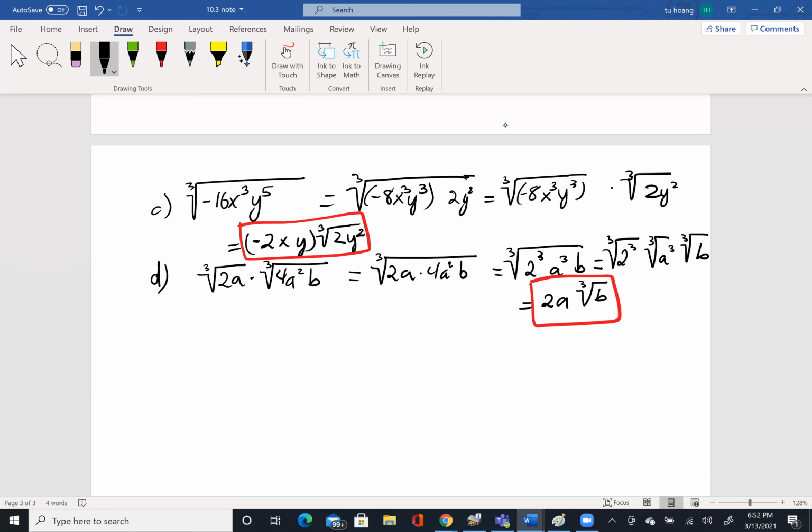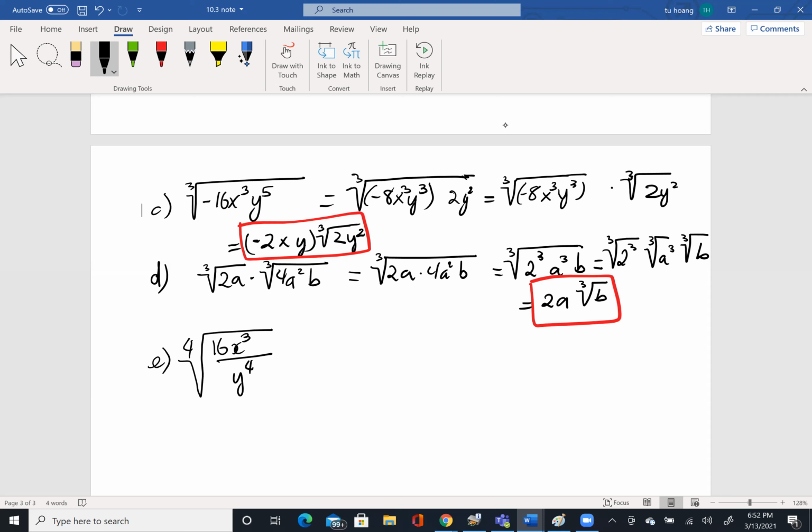Now let me combine things with another example. Let's say the fourth root of 16x cubed divided by y to the power 4. So how can I handle this quotient?